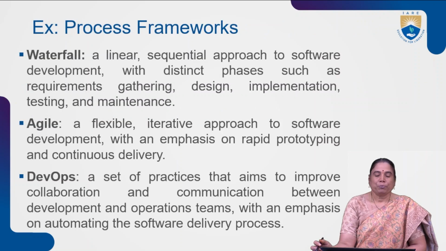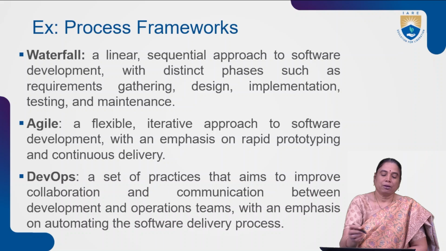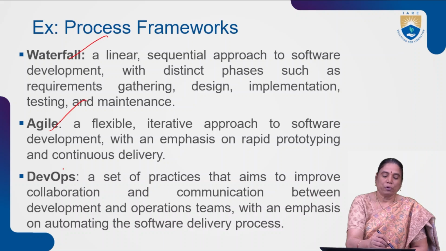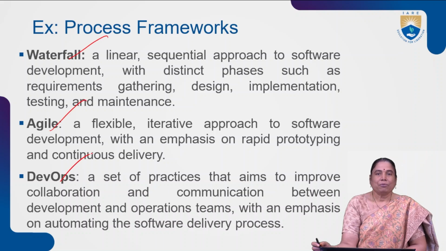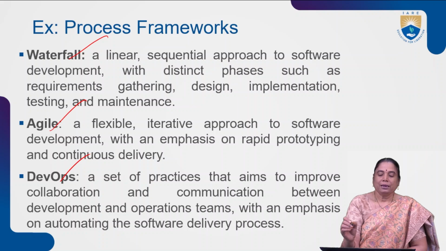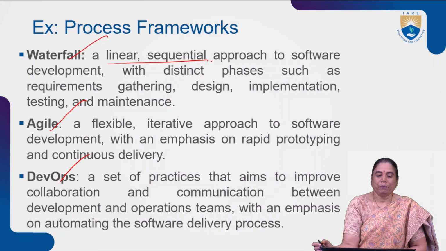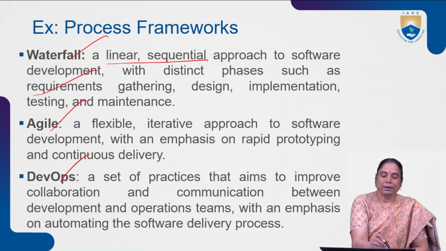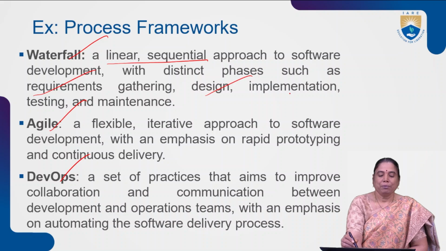Examples of process frameworks are the waterfall model, agile model, and DevOps. The waterfall model is a linear sequential approach to software development with distinct phases such as requirement gathering, design, implementation, testing and maintenance.